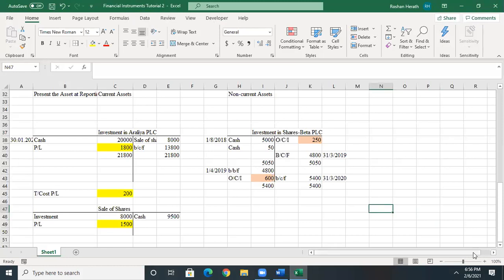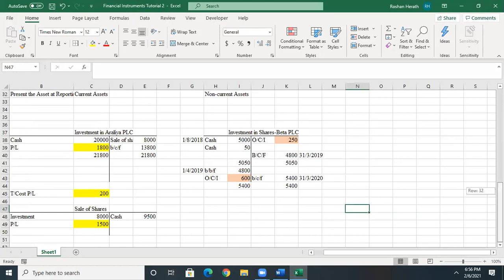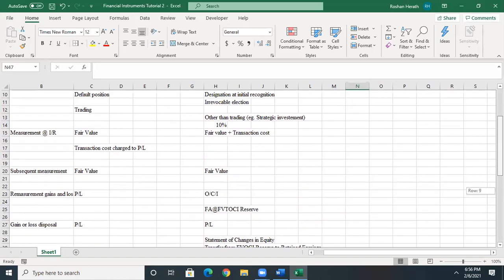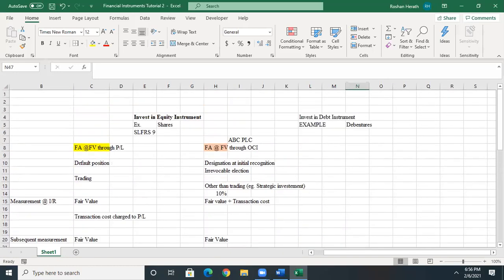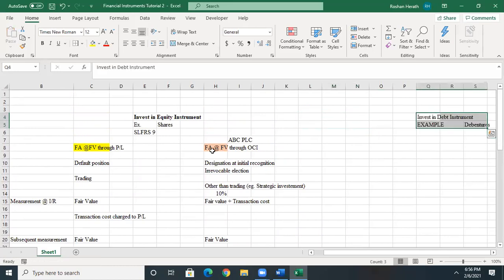Now we are moving on to the discussion of the other part of the story. In the sense, earlier we agreed that when it comes to investment, you've got two choices. One is to invest in equity instruments, the other is to invest in debt instruments.